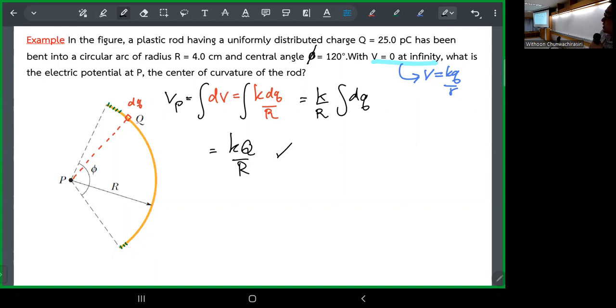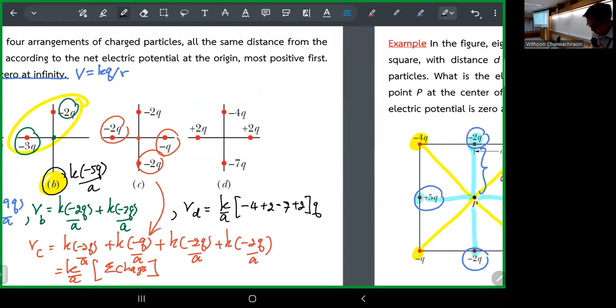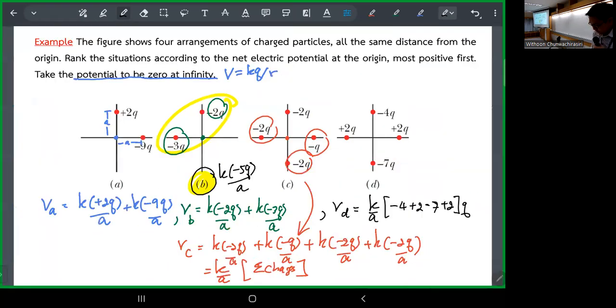So we can use the original trick that we did in the first problems we faced last lecture, because all of those charges are at the same distance from point P. We pull a common factor out, and all you need to do is sum the amount of charge. Remember that? If not, let me flash back a little bit. Remember this one?